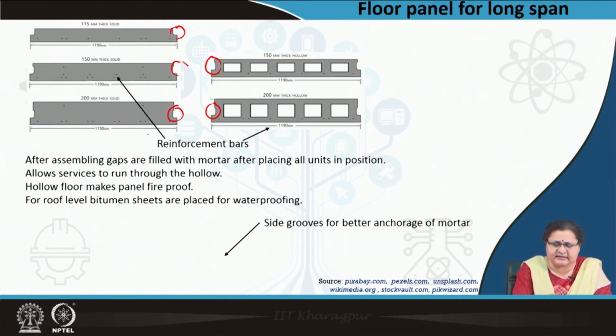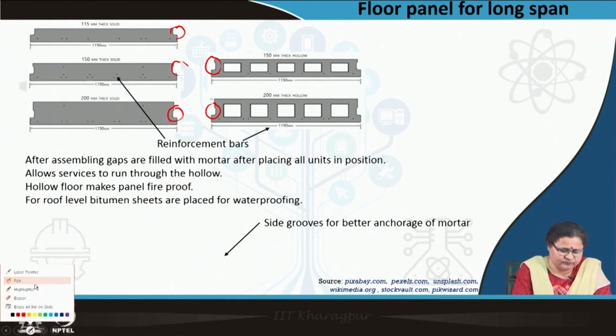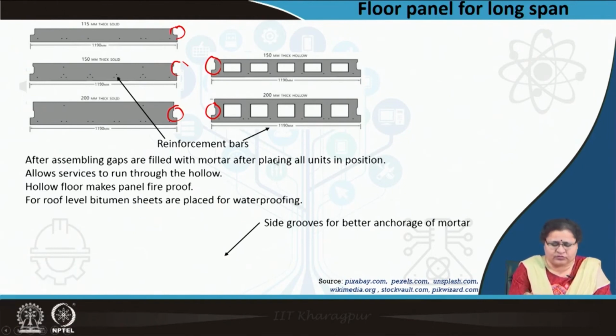You can see the reinforcement bars which are shown by black dots. So, they are all designed accordingly and are placed. After assembling, the gaps are filled with mortar after placing the units in position. This allows services to pass through these holes, or sometimes the services are embedded in these gaps also.